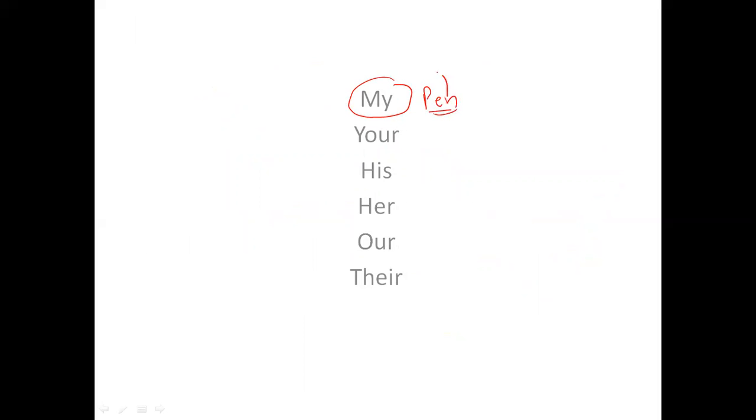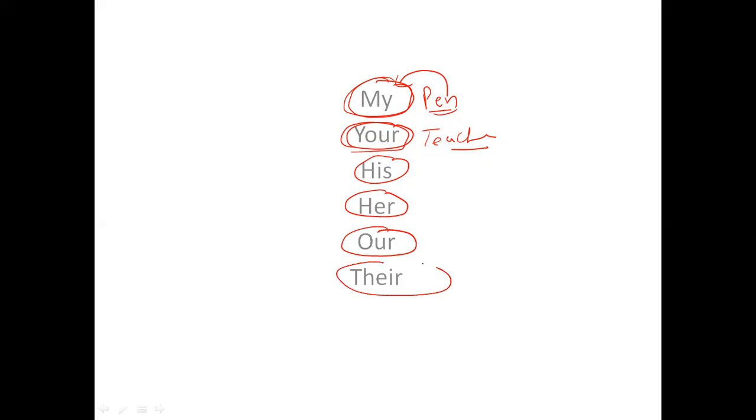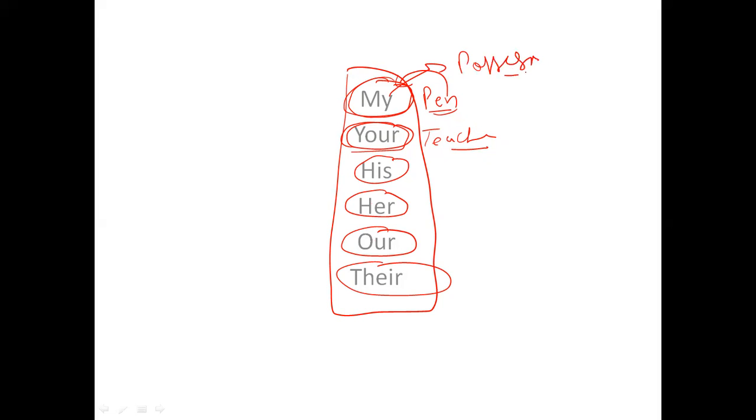Whose pen? My pen. Your teacher, his friend, her bag, our parents, their school. All these words show possession, hence they are known as possessive pronouns.